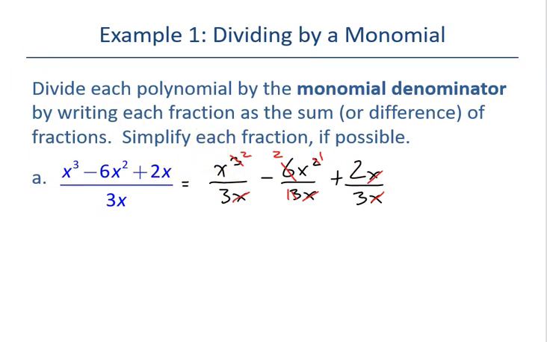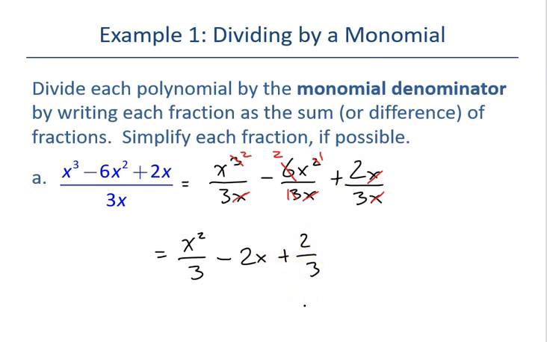So let's go ahead and rewrite this now. The 3 is going to stay on the bottom, so we'll have x squared on top all over 3, minus 2x, and then plus we're just left with the 2/3. And that would be simplified.